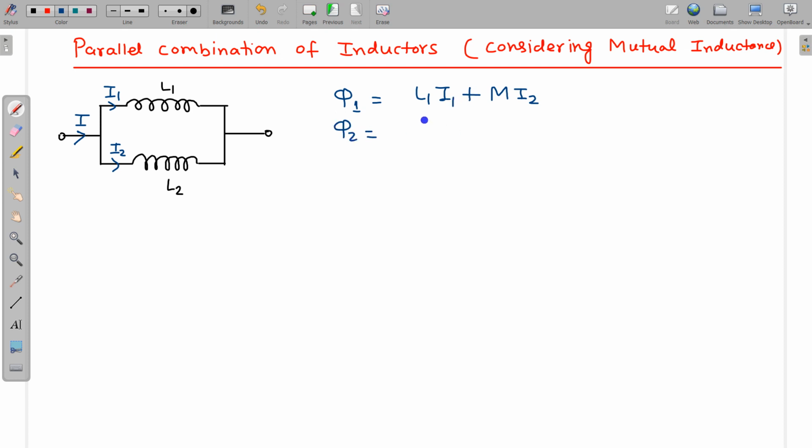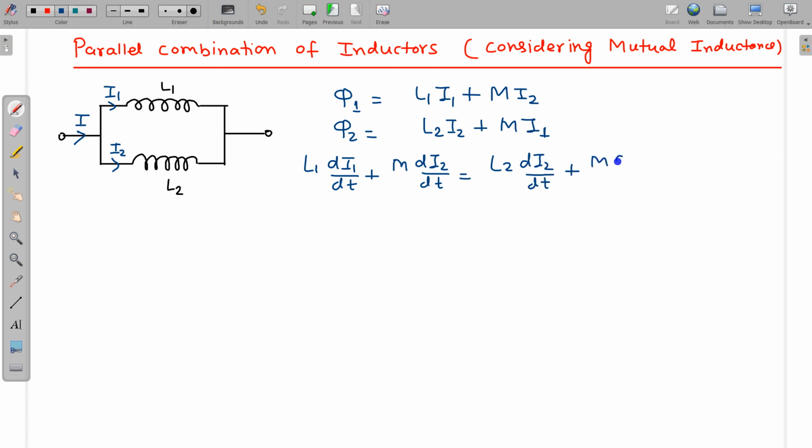Phi2 is equal to, similarly, L2 I2 due to the self current, and due to I1 it will be M into I1. So these are Phi1 and Phi2, and if I differentiate the flux, it will give me the EMF. Since both are connected in parallel, the potential drop across these two inductors will be the same, so the differentiation of these two will be equal. So I can write L1 di1 by dt plus M di2 by dt is equal to L2 di2 by dt plus M di1 by dt.